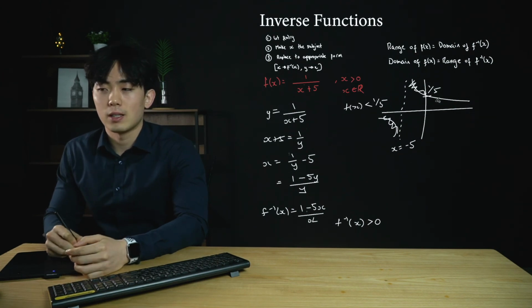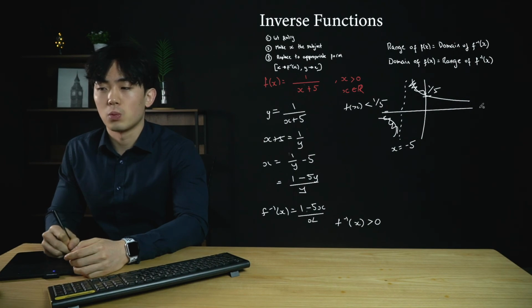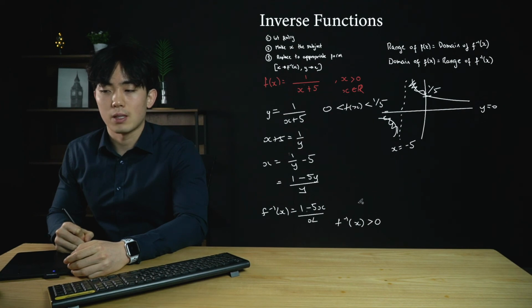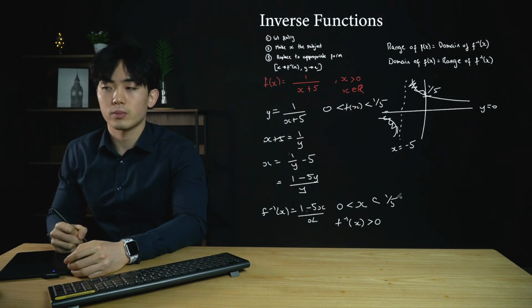However, there's also an asymptote at y is equal to 0, as it's never going to get to the negative section, so it's going to be bigger than 0. This will be your domain of the inverse function, so x will be bigger than 0 but less than 1 over 5.